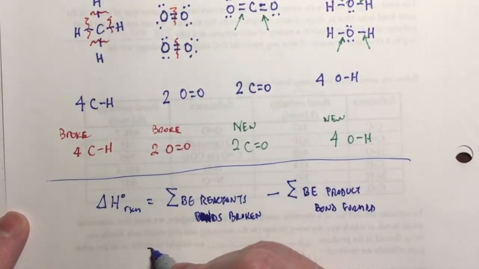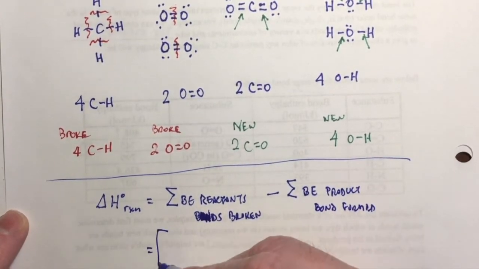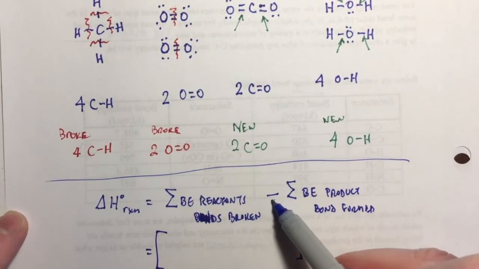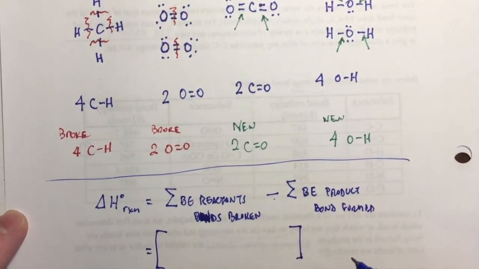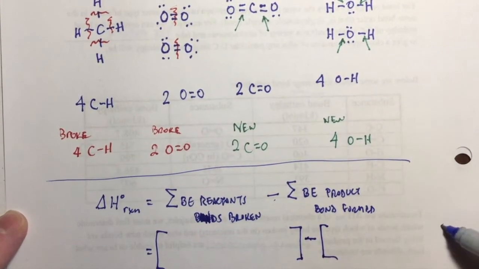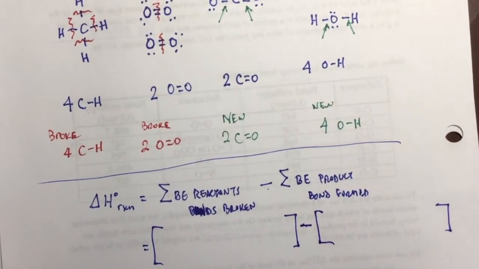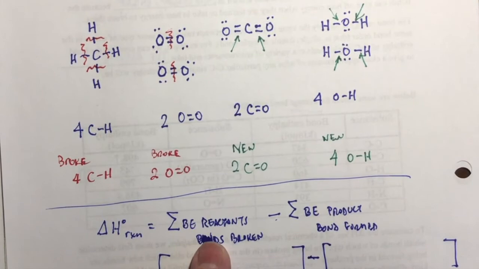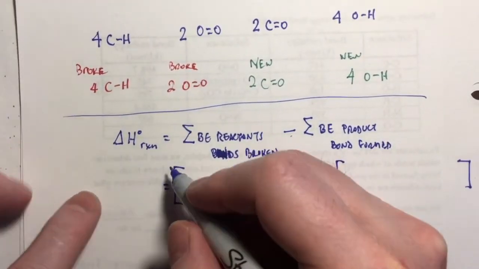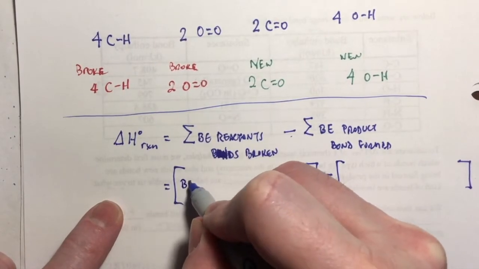All right, so now I'm just going to start plugging in. I'm going to put my reactants in brackets so I don't lose track of where that subtraction sign goes. And then my products in brackets as well. So the bond enthalpies for my reactant bonds broken. Well, I need the bond enthalpies.